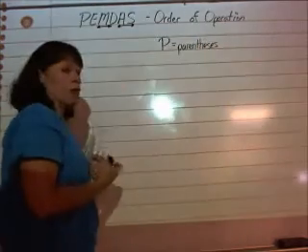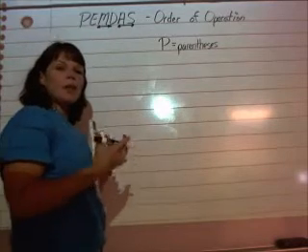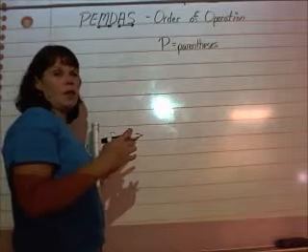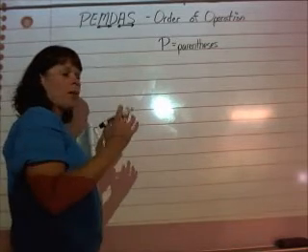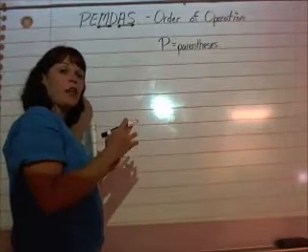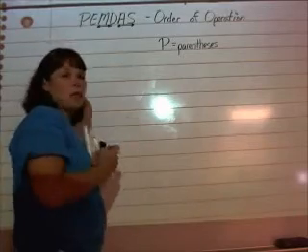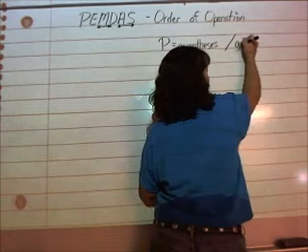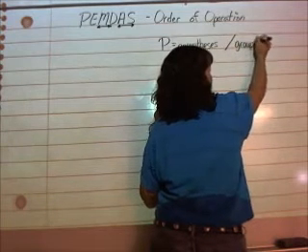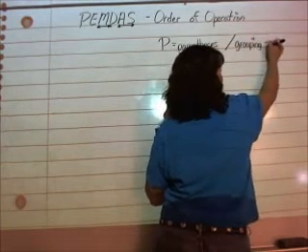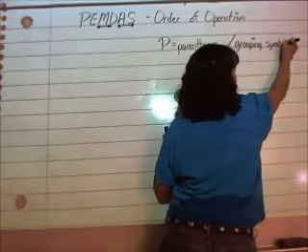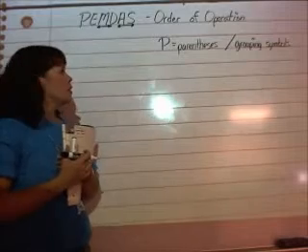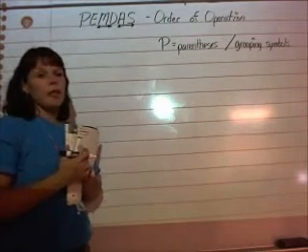Your P is for your parentheses, but it also could be for brackets or any other symbols that combine numbers together, or they group them. So we're going to put parentheses, and then we're going to put slash grouping symbols. Because again, they could use brackets or other items, but it's usually the parentheses.